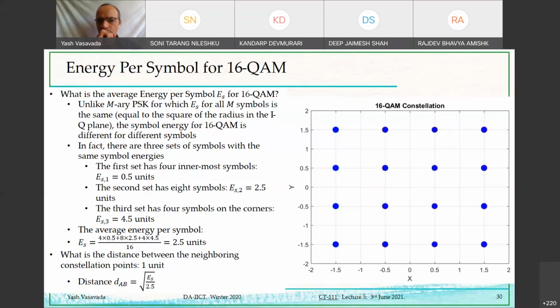Yes. The answer is 2.5 divided by 4, which is 0.625. Because we are transmitting 4 bits at a time. Each symbol carries 4 bits. So bit energy becomes ES divided by 4.